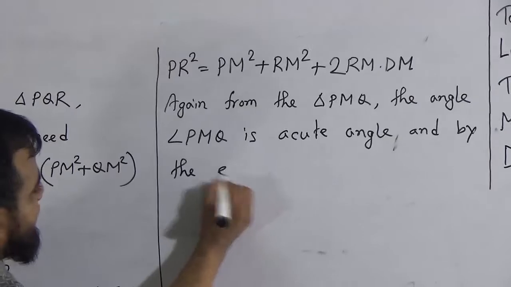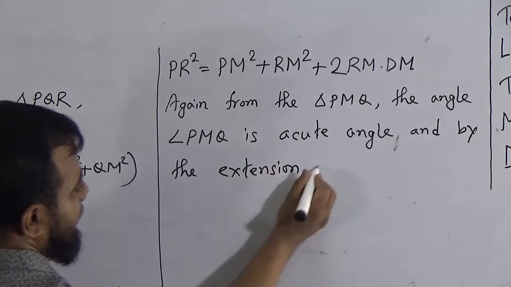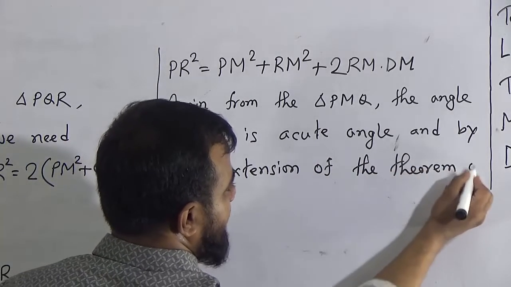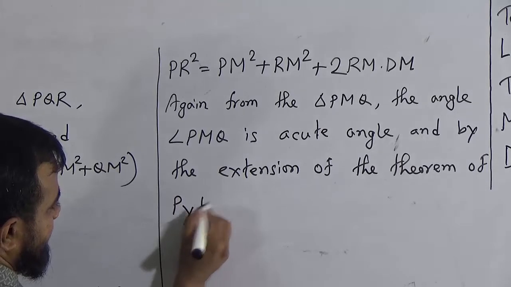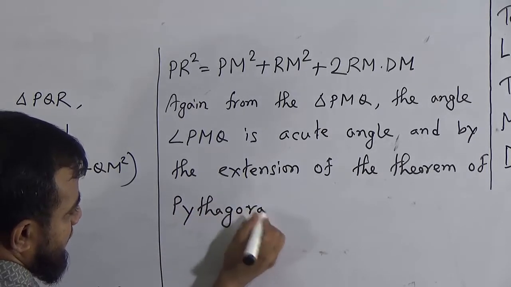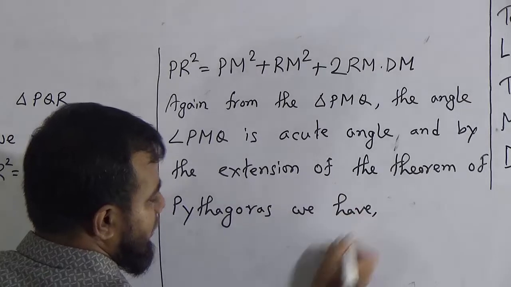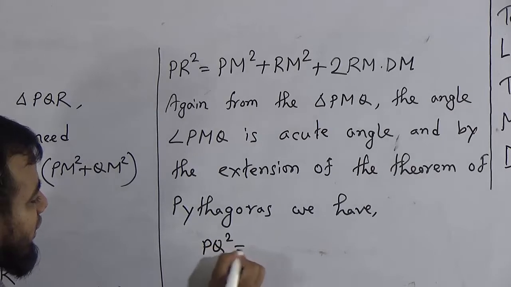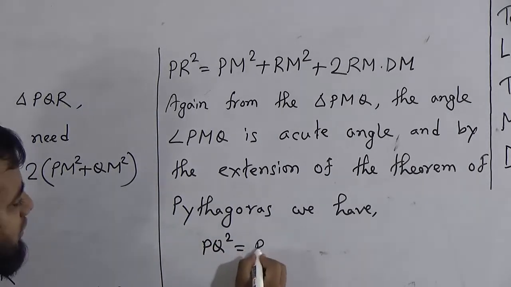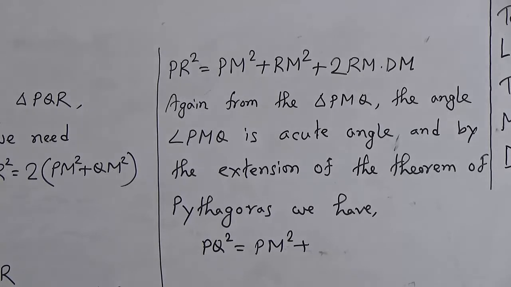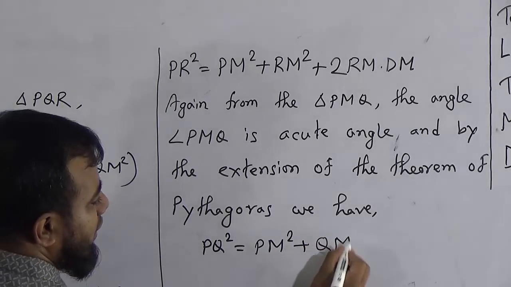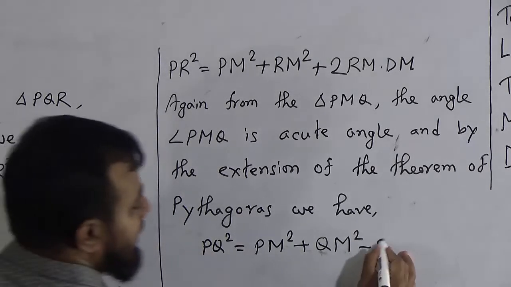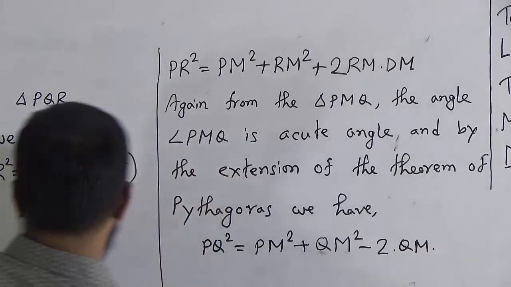by the extension of the theorem of Pythagoras, we have PQ square equals PM square plus QM square, with a minus sign because it's an acute angle, minus twice QM into DM.